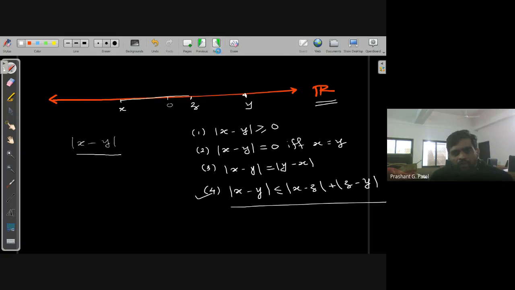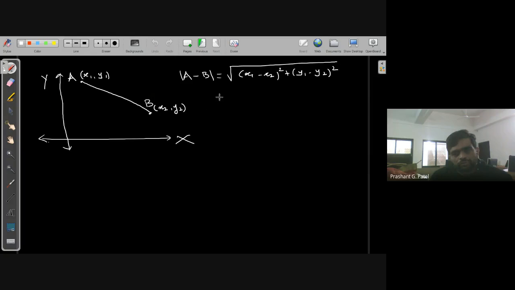Can we state the same things we observed for R here also? Can we say that the distance between any two points in R2 is always non-negative? Second, if the distance between two points is 0, can I say both points are the same?